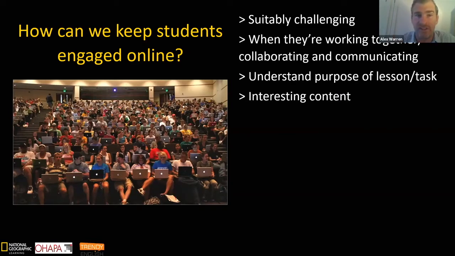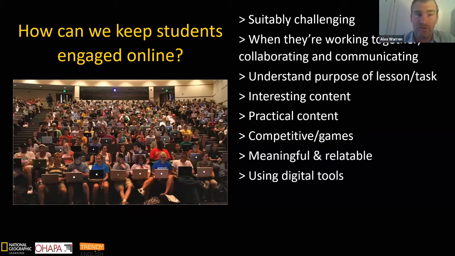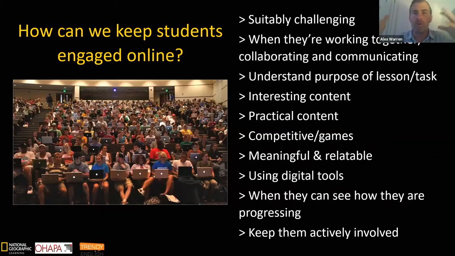When the content is interesting, motivating, practical, useful, meaningful, competitive, relatable, when it's using digital tools, when they can see how they're progressing, and when they are actively involved. And that's just a small list. There are many more ways in which we can do that. But that's not rocket science. We know that already. But the question is how we can facilitate that in the online classroom.